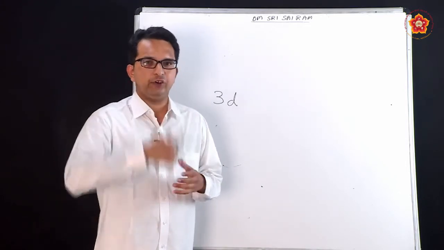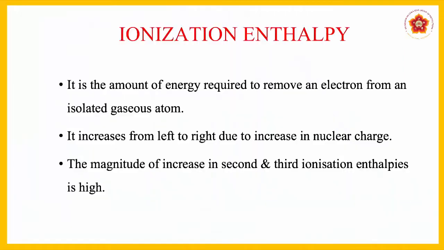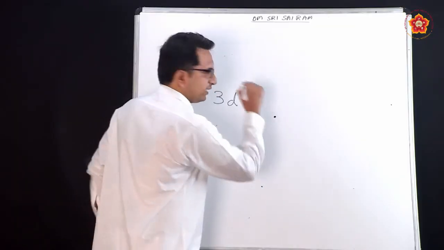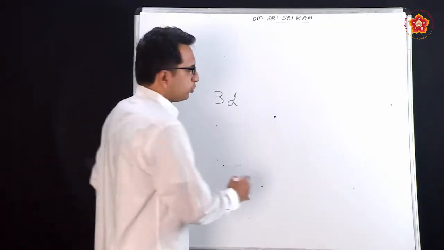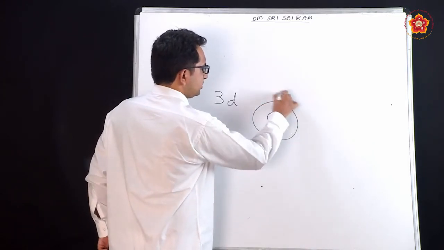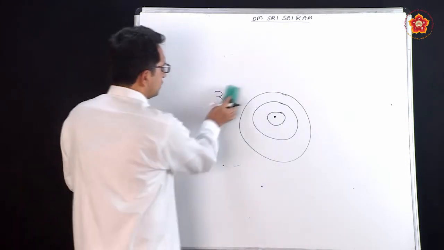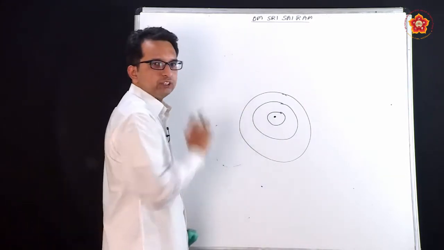Now let us talk about the next topic, which is nothing but ionization enthalpy. So, what is ionization enthalpy? This is something which you have come across in first year itself in the periodic classification. Suppose we have an atom with a nucleus at the center; this nucleus will naturally have some orbits around it, and these orbits, as we know, have electrons in them.